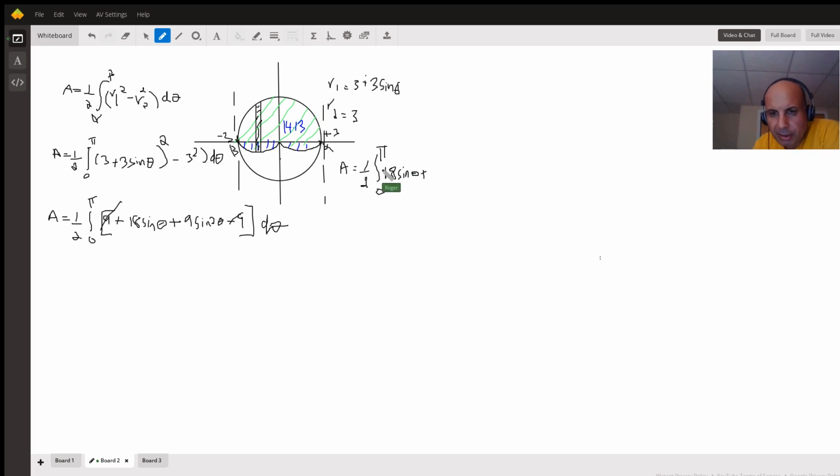Nine sine square theta d theta, and all of this into d theta. So I can divide this into 2, or I can just immediately find what the area would be.